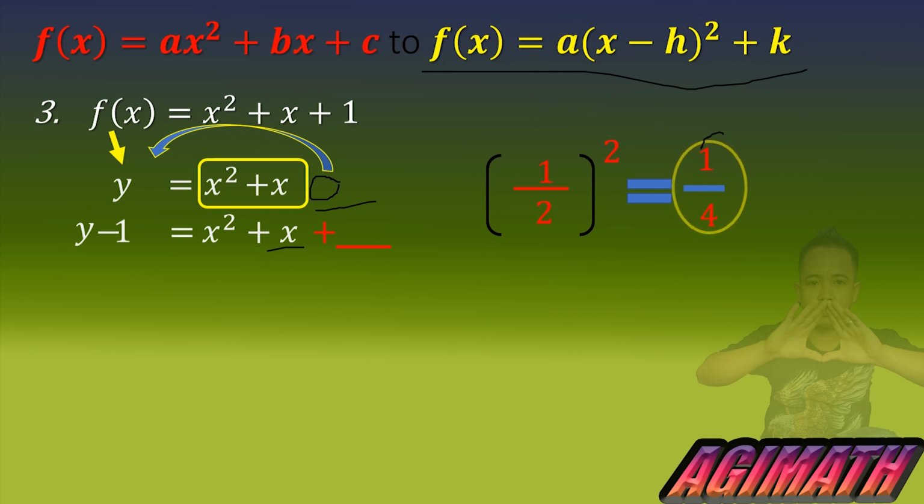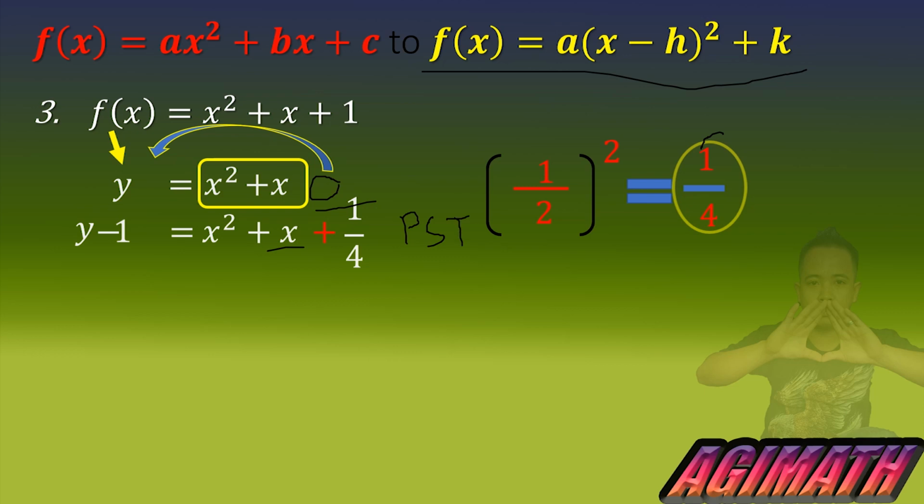We are going to add this one to make it the third term, making x squared plus x plus 1/4 a perfect square trinomial. That is PST. So that's easy to remember.